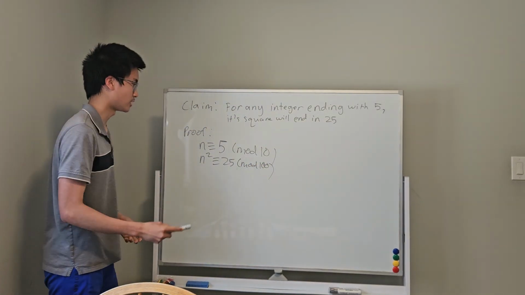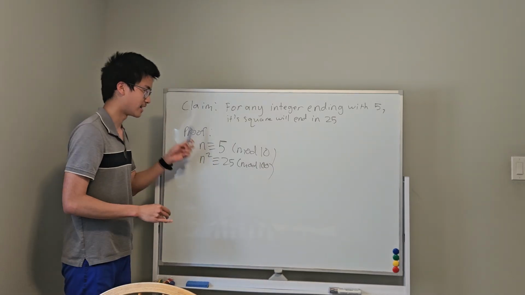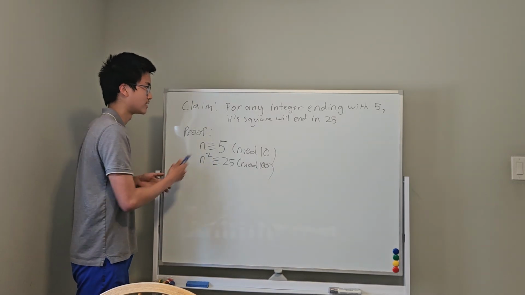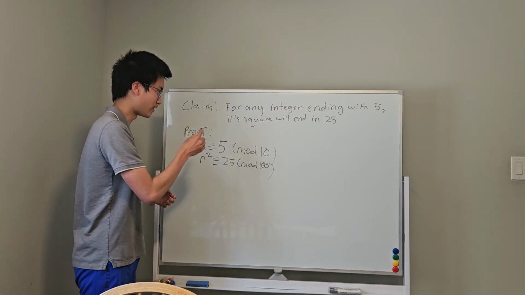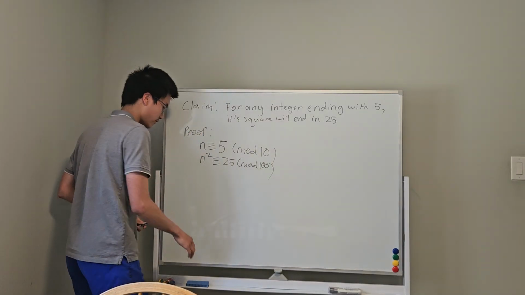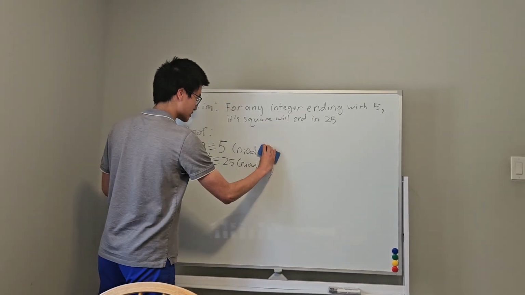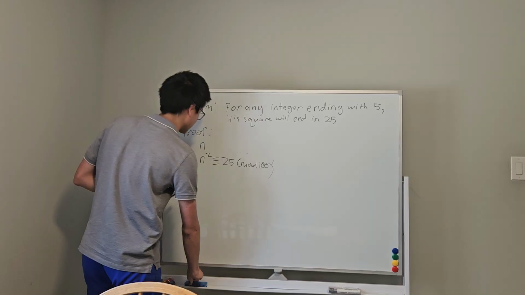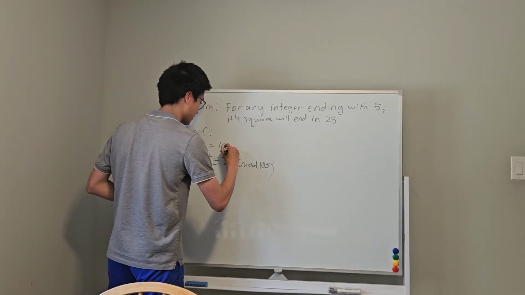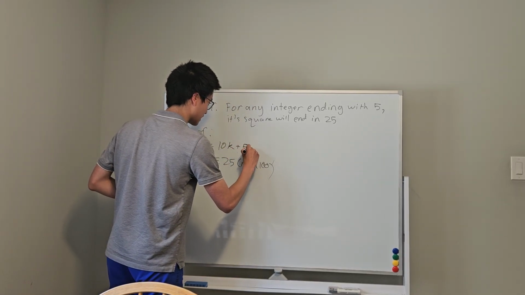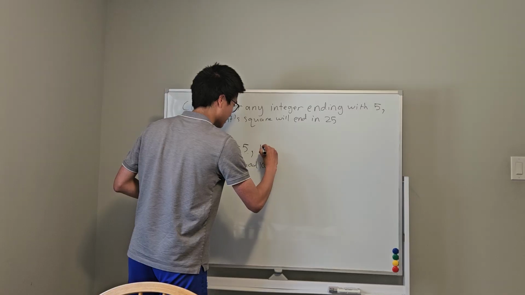All right, so we start with this statement right here. If you divide n by 10 and your remainder is 5, then we can write n as 10k plus 5, where k is an integer.